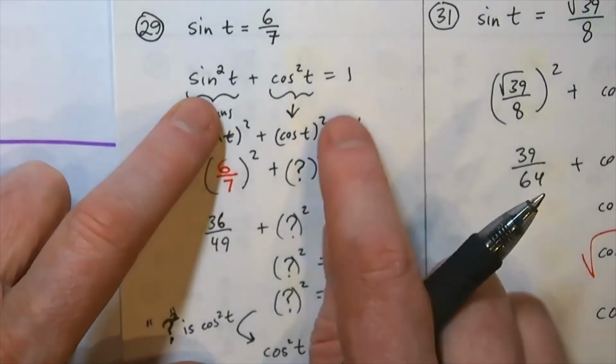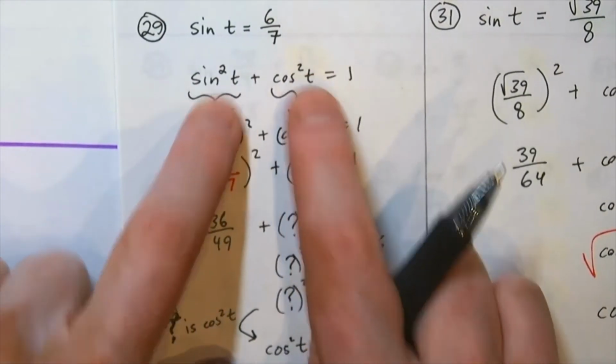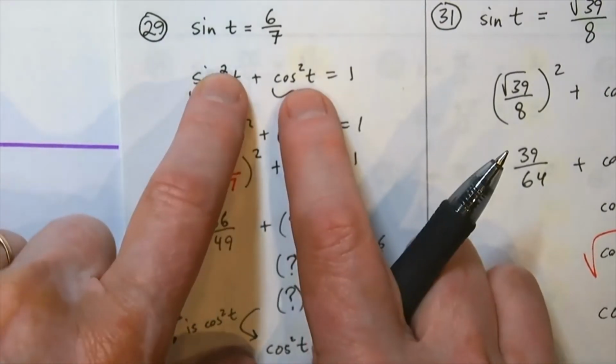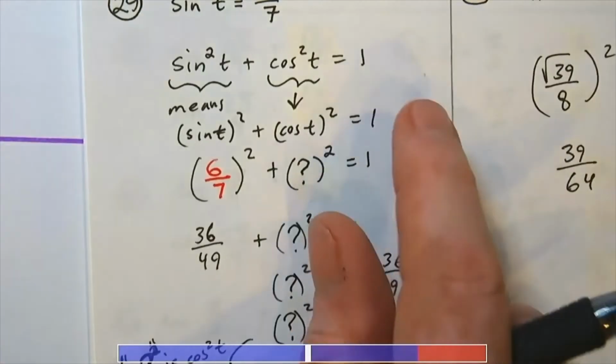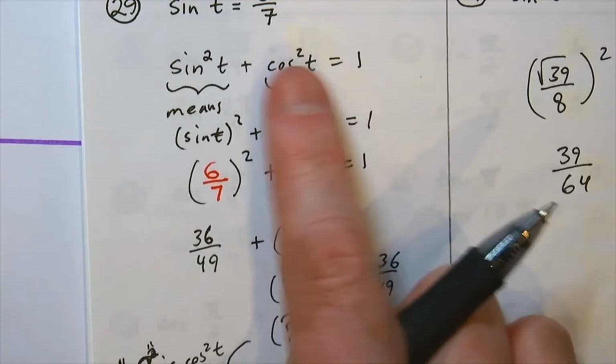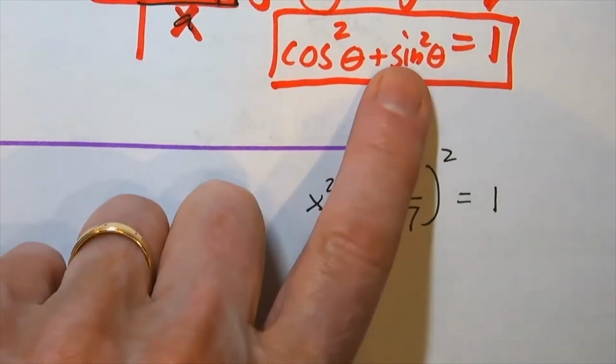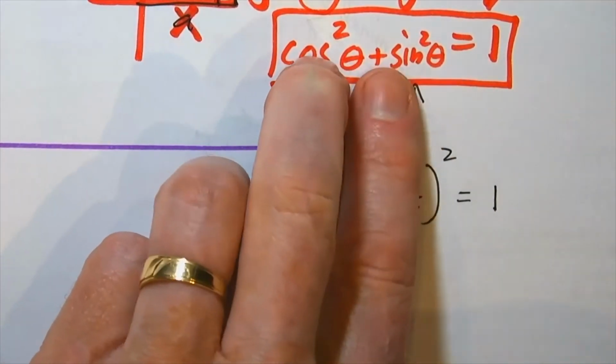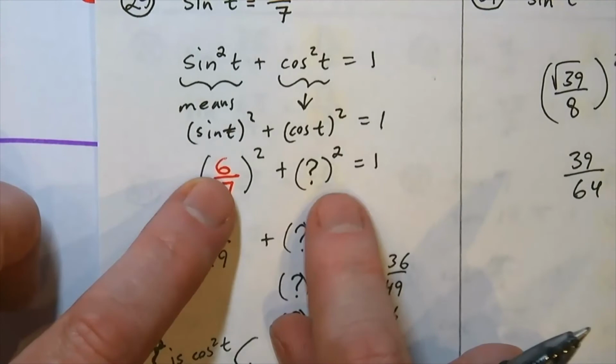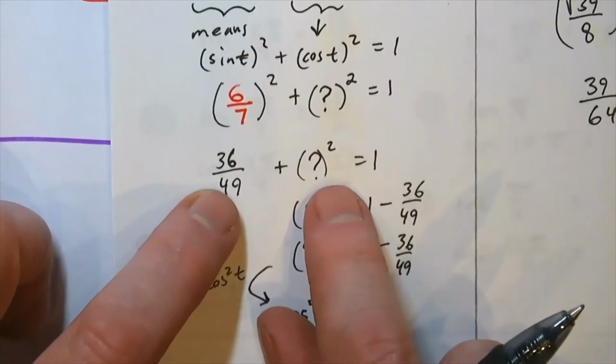And so I wrote it all out here. And remember, this means this. It's just people like to put the 2 in the middle. It's just the style. And there's a reason, but I won't get into it. So sine, cosine. Okay, I put it the other order. Cosine, sine. Does it really matter? No, it doesn't matter. I still have it, right? 6/7 plus what? And so I did my little algebra.